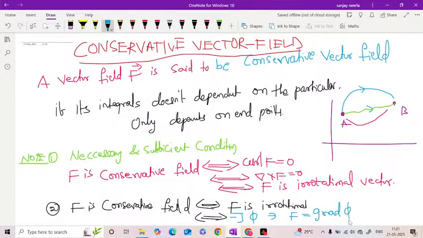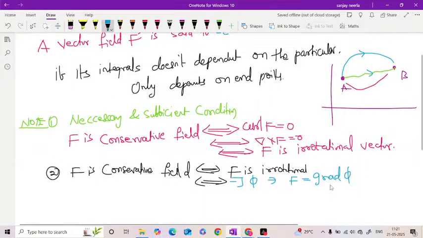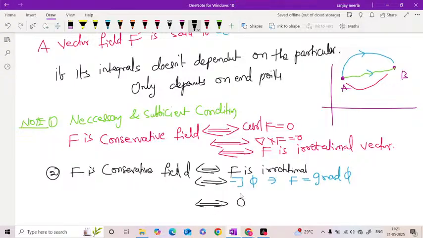That means if it is a conservative field, definitely there is a scalar potential. Or you can write like this: F is a conservative field if and only if pi is the scalar potential of F only. Okay, it is our second property.